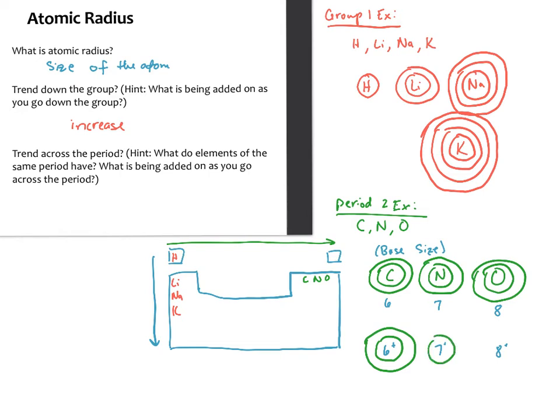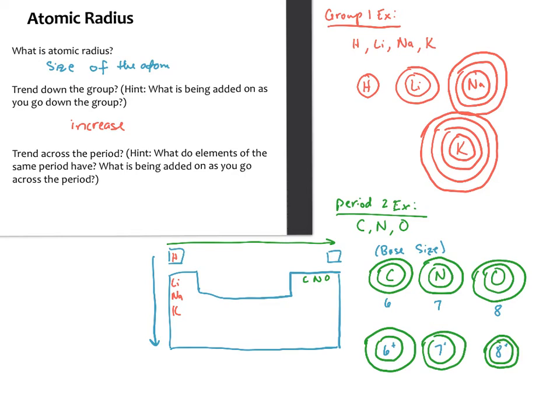Notice how I'm going to decrease the size between the rings here. Going across, look how between 6 plus and 8 plus, the gap between the rings starts to decrease as you move across the period, because your nucleus gets stronger with more and more protons. They all have the same base size, being in the same period. They have 2 rings each.